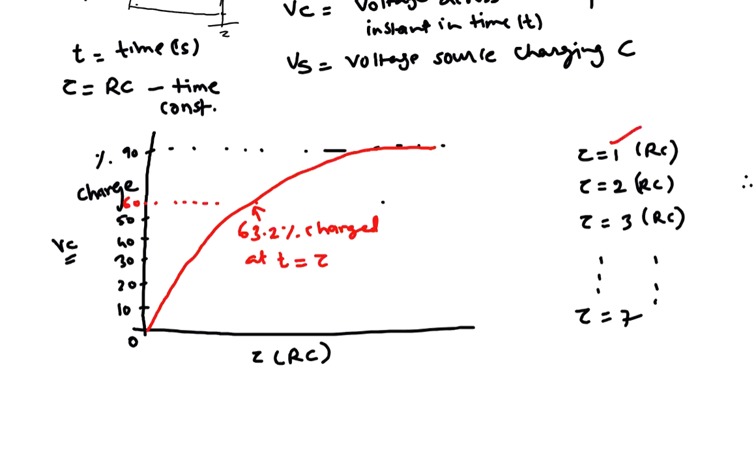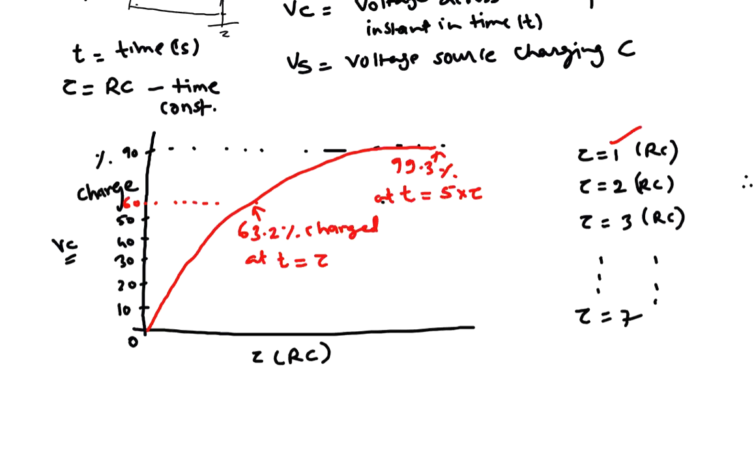And when the charging of the capacitor reaches, which is this point, 99.3%, we say that this happens at t equal to 5 times tau. So this is the general rule that you need to remember.